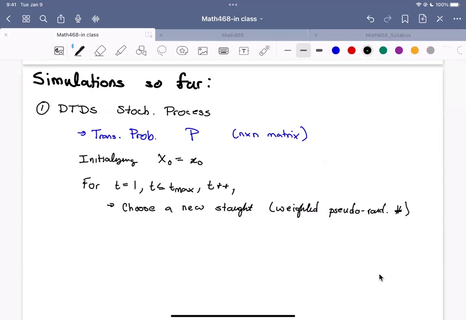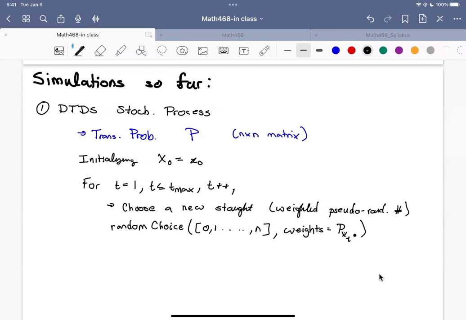Okay, and so how we do this is we take a random choice, and we have our vector of our state space. So we have our vector of states that we want to select from, and the weights come from, make sure I get this right, the transition probability matrix.